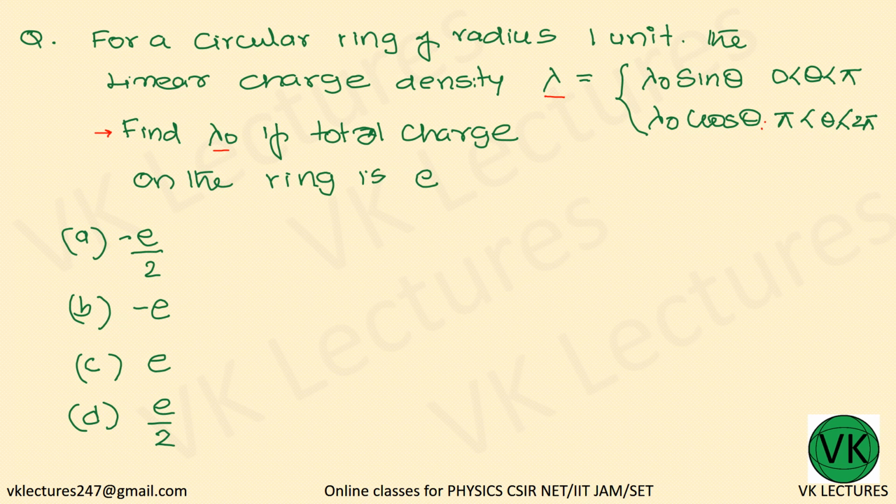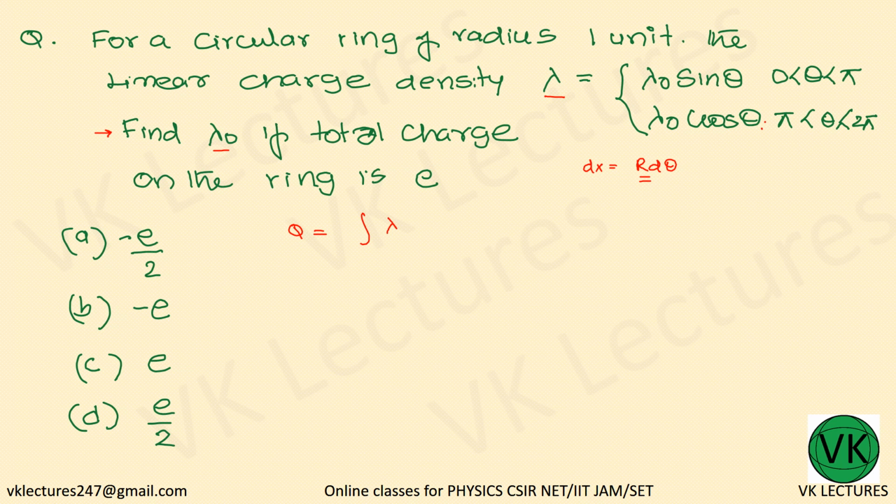Now the total charge on the ring Q is equal to the integral of lambda dx, and you can write dx as r d theta, where r is the radius of the circular ring.